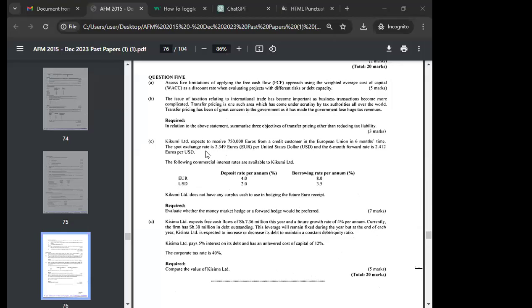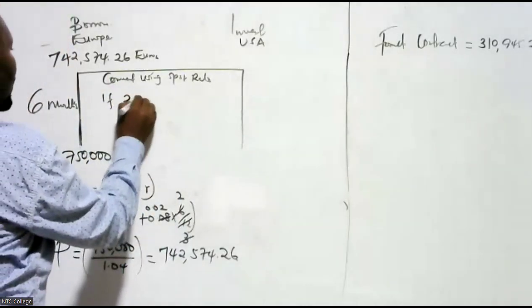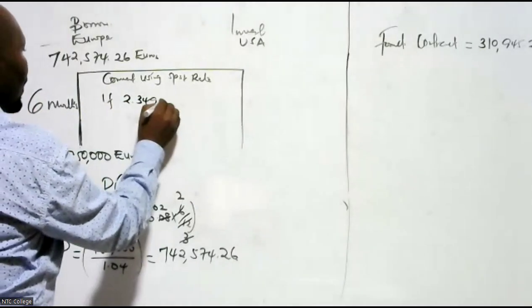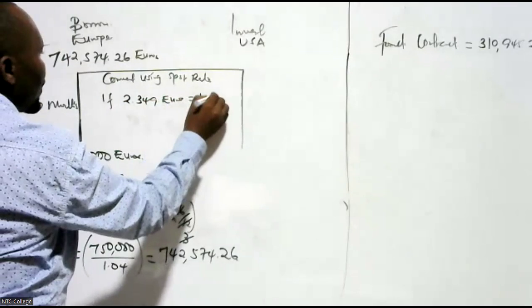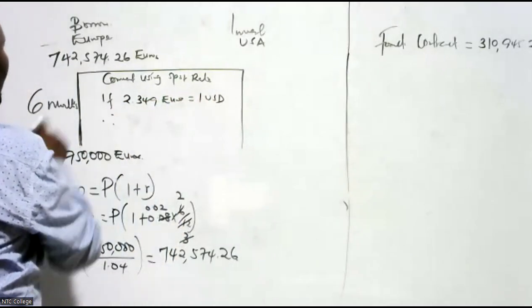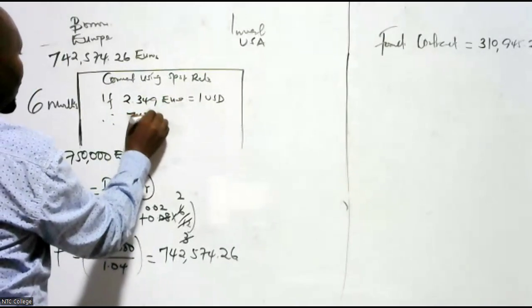Yes, they are here. The spot exchange rate is 2.349. So you say that if 2.349 euros is equal to 1 USD, then how much will 742,574.26 give us?